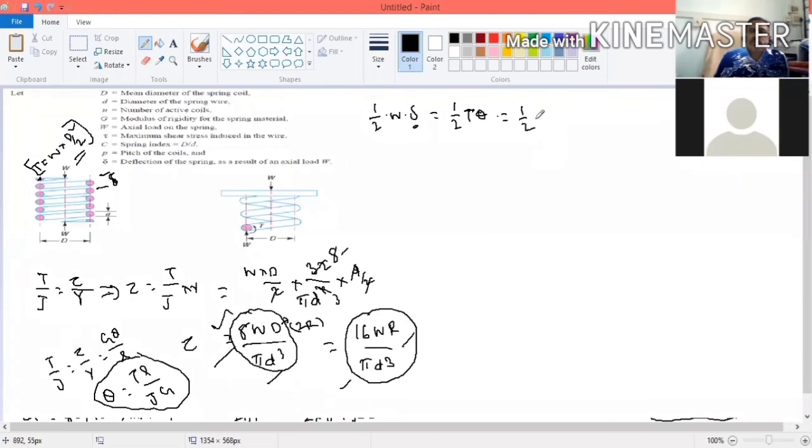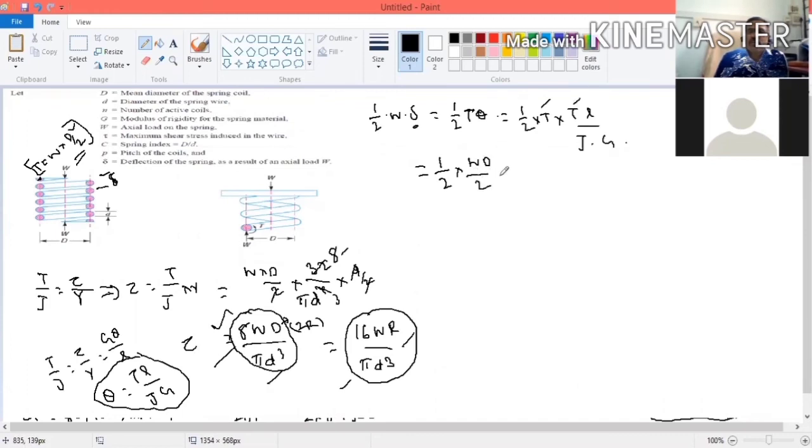So now substitute theta in terms of T L divided by J into G. Now we know what is torque. Torque is equal to W into D by 2. So half into T is equal to W into D by 2.